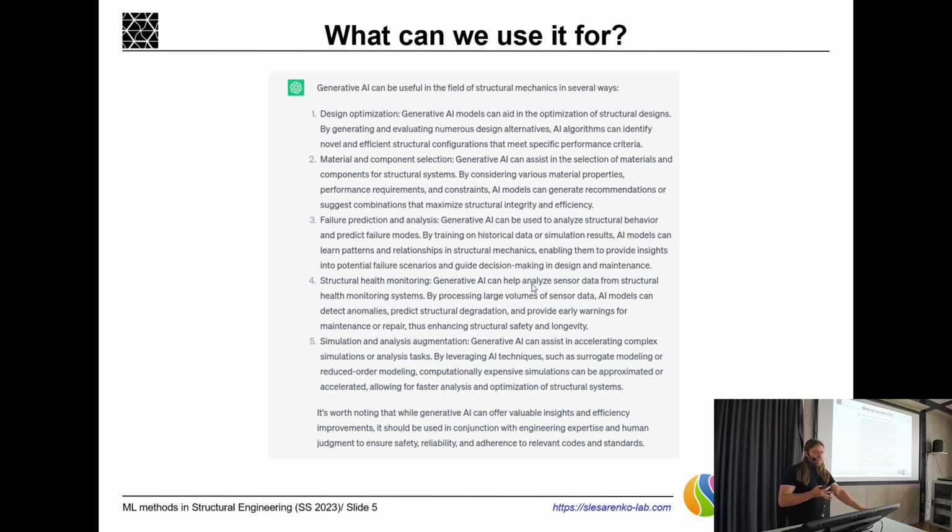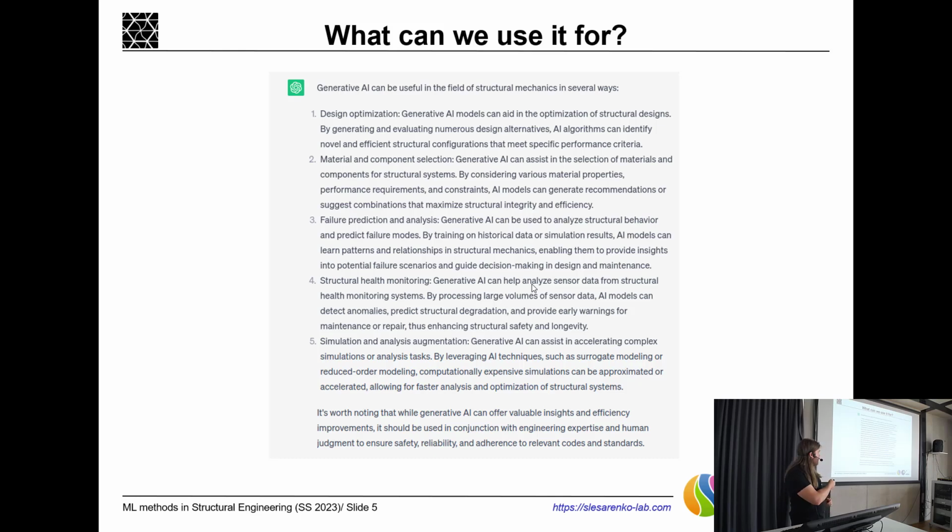And then there are these that are more, it says failure prediction analysis and structural health monitoring. These are not really connected to our generative design. These are more like the feed-forward networks we always know. So yeah, you can see here that ChatGPT kind of mixed some answers for more general AI questions and generative design in there.